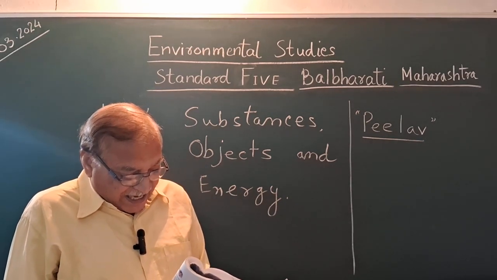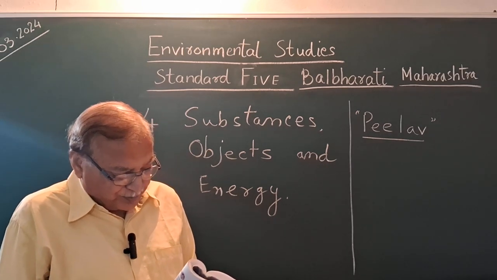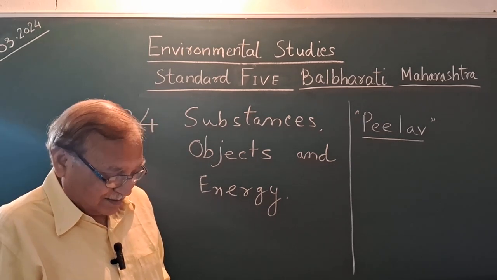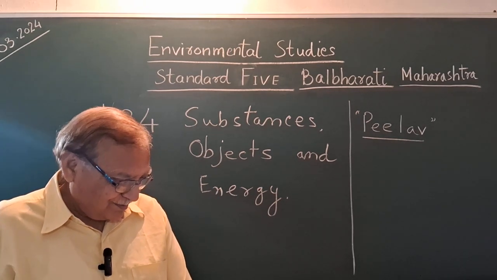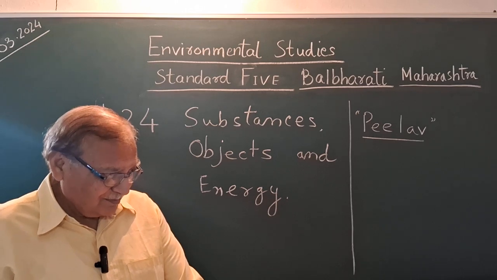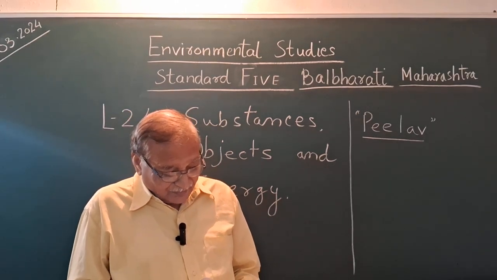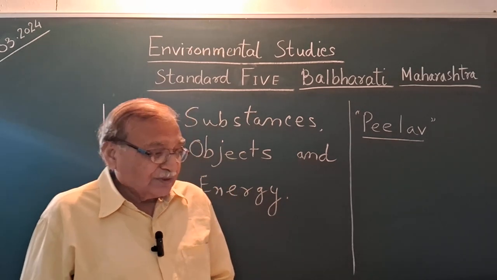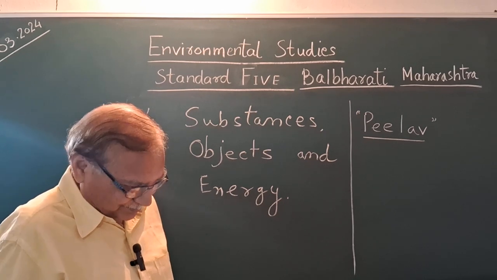Different substances have different properties. Substances may differ with respect to properties like hardness. Like this bench. The bench is very hard. There are certain solid substances which are not very hard, like the rubber ball.